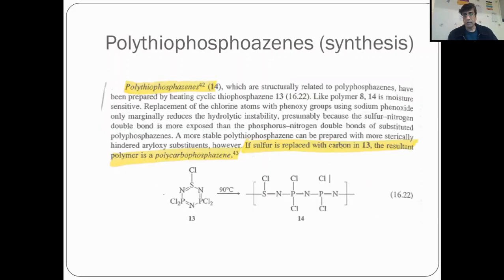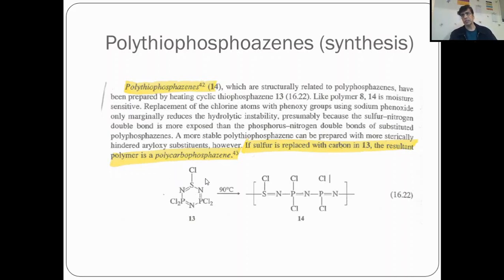Now another thing: these are two other products. If you start with this monomer, and one phosphorus is replaced by sulfur, then the polymer is called polythiophosphazine. So we have introduced sulfur. And if you replace the S with carbon, then it's called polycarbophosphazine.